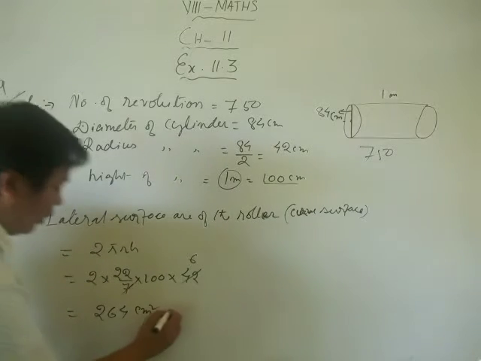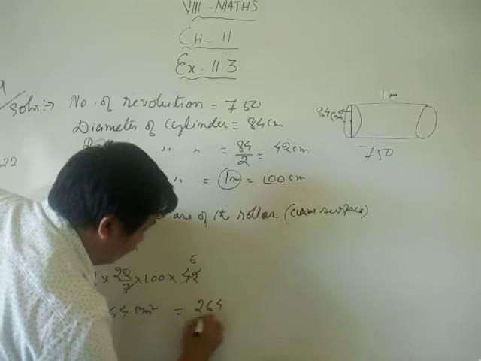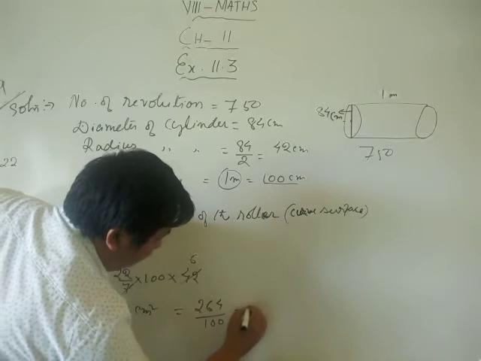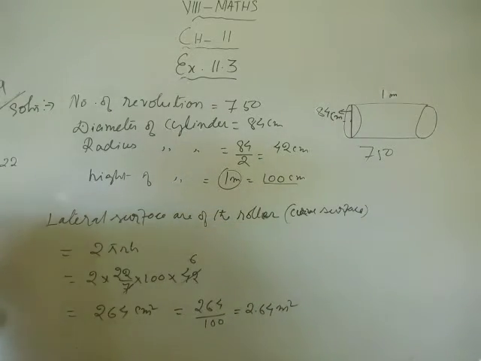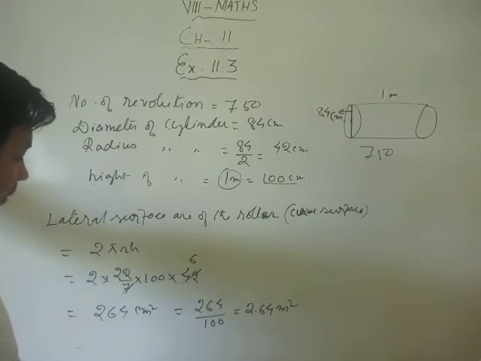So what happens if we want to convert into meter? Then we convert this into meter by dividing by 100. That is equal to 2.64 meters.